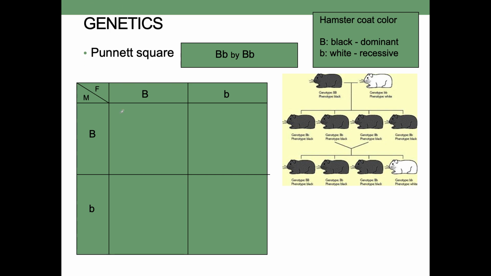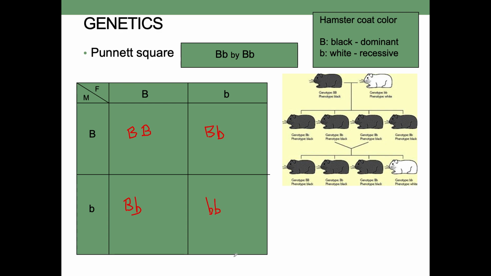Okay, hopefully you came up with this result, right? This genotype combination will be homozygous dominant. This one will be heterozygous. This one will also be heterozygous. And this one will be homozygous recessive.